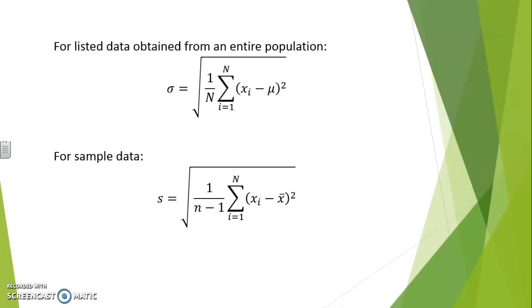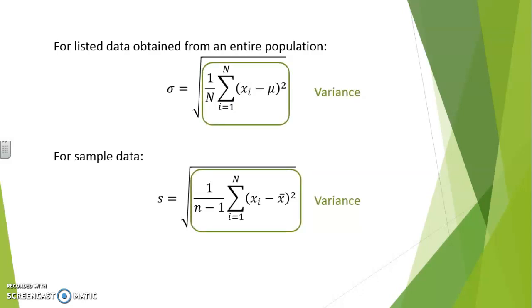As we have seen in previous videos, notice how Greek letters are used in the first formula because it refers to population data, and in the second, Roman letters S and X bar are used. Now, the content of the roots are thought of or referred to as variance. So calculating variance is really just an intermediate step towards obtaining standard deviation.